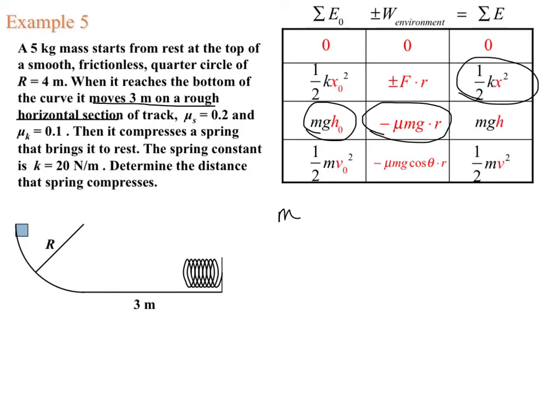So again, we have mgh, where in this case h naught is 4 meters. We're losing energy due to friction. And we are going to convert all of that energy, including that thermal energy that we lose to friction, into spring potential energy. And so in this problem here, we're trying to solve for x, how much it is compressed.